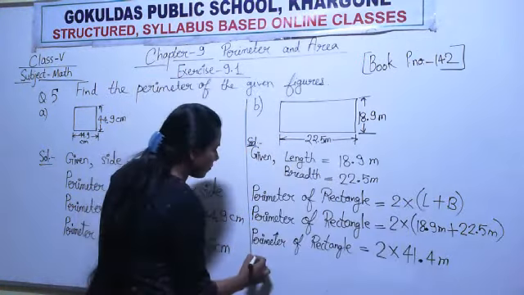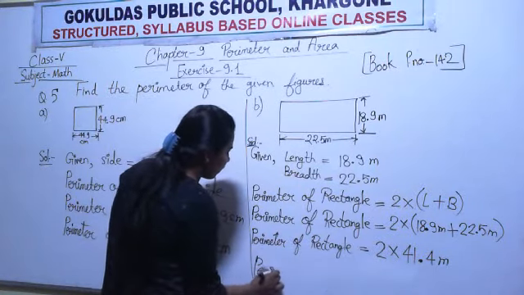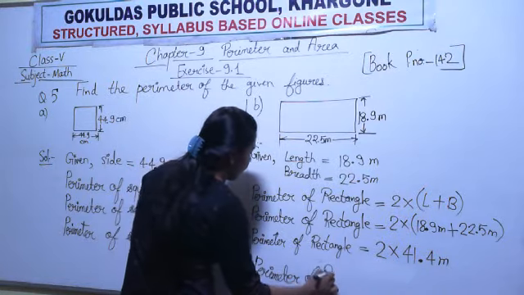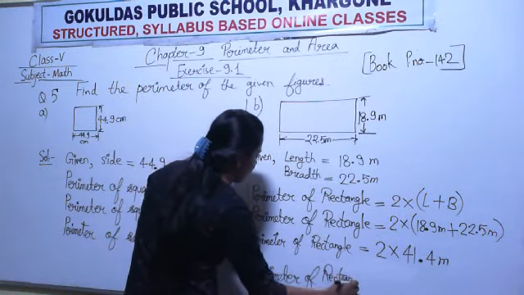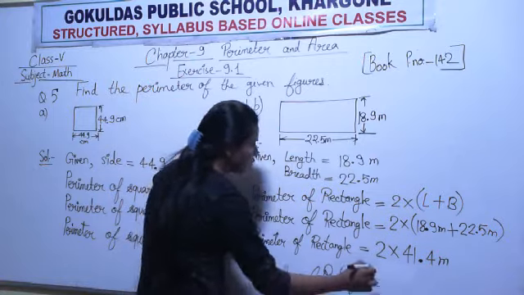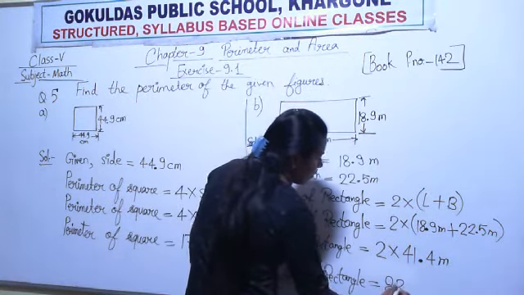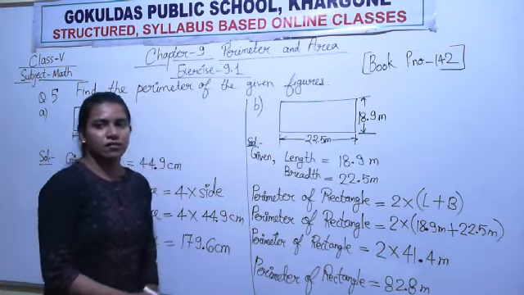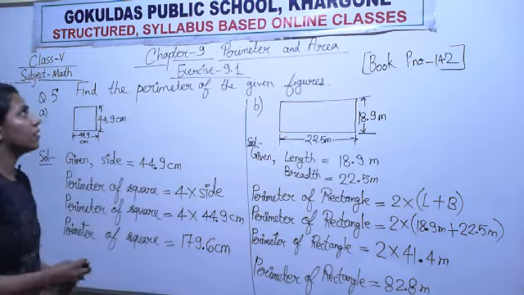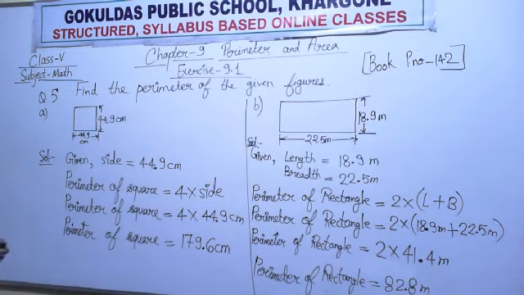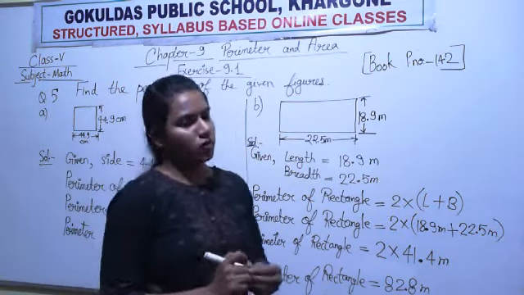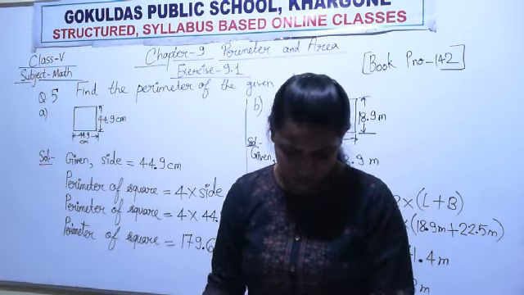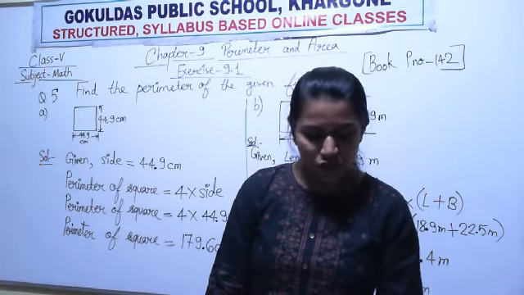So our final answer will be perimeter of rectangle is equals to 82.8 meter. 82.8 meter, right? So here question number 5 is also complete. Both the question number 4 and 5 are based on perimeter.